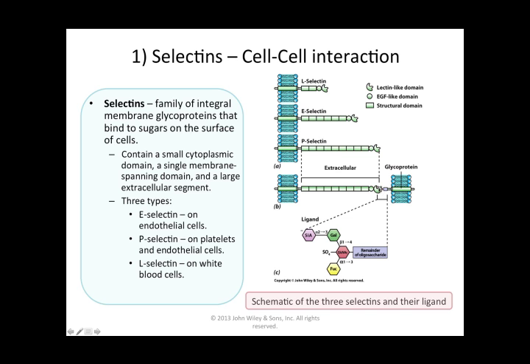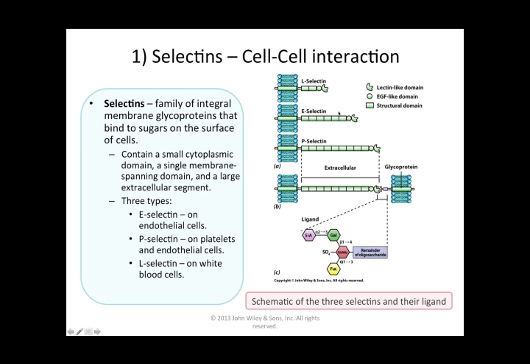So here you can see on that other cell, they're going to bind sugars, whatever sugar there is on a glycoprotein. So you have sialic acid, then a couple other sugar moieties on the end of these proteins. The one I showed on that previous slide was mucin.